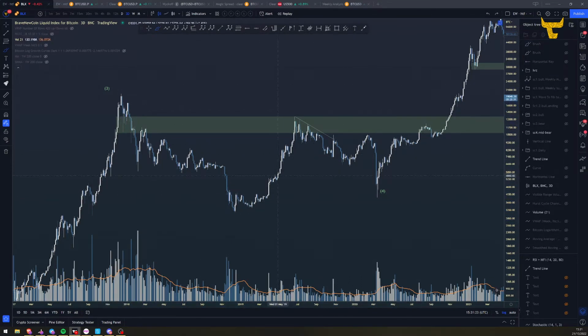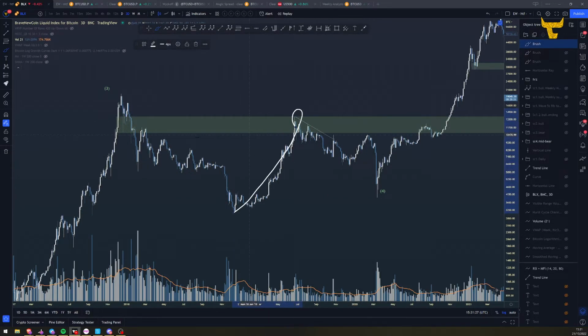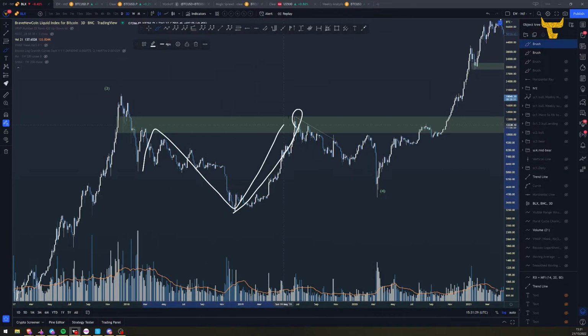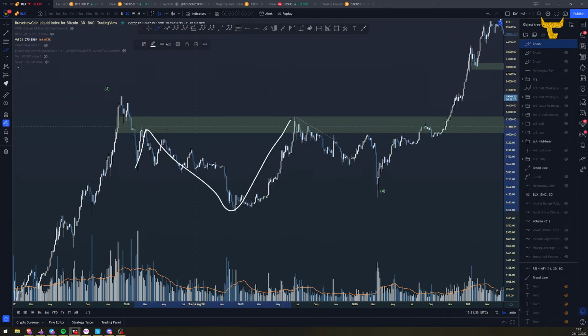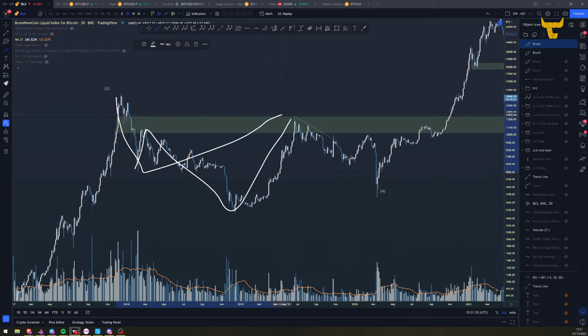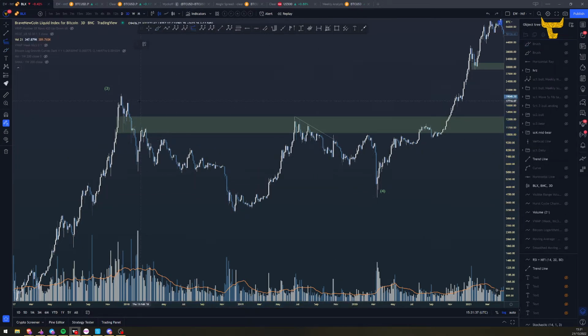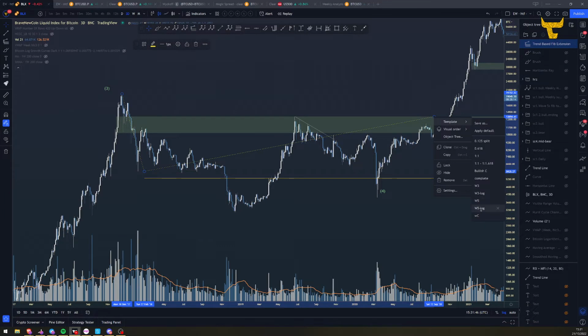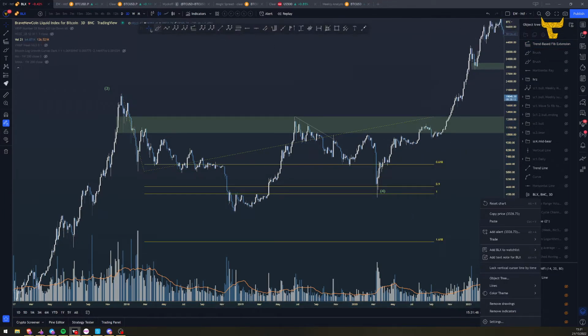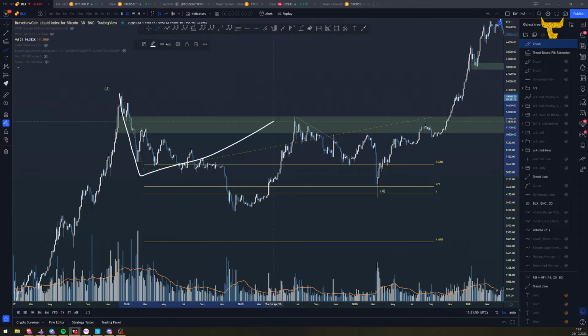Yeah, okay, how can I fit a corrective count with an impulse here? Well, by having a flat here, ABC, that makes a wave B of an ABC. We reach 161.8, so that's okay as a target for wave C. And here, if I take that, we reach the 1-1 extension on log.